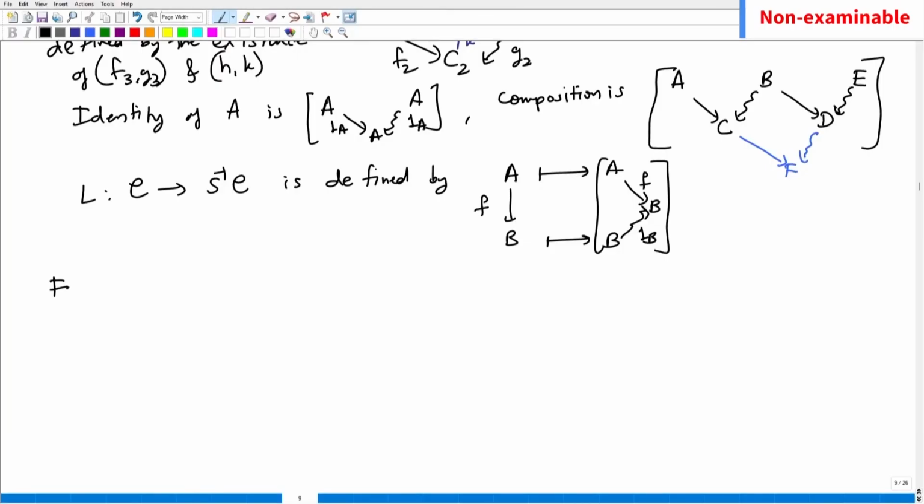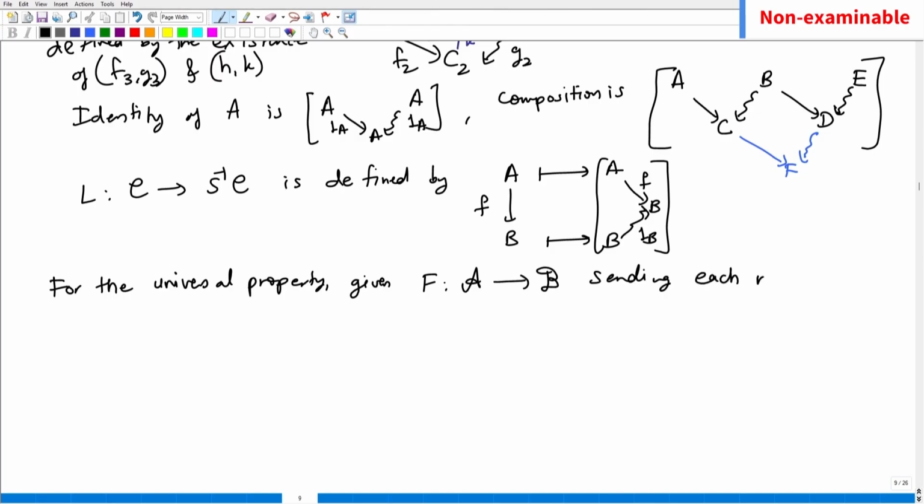So, for the universal property, given F from A to B, sending each morphism in S to an iso, define F tilde from S inverse A to B as follows.